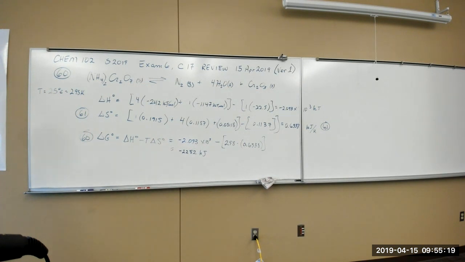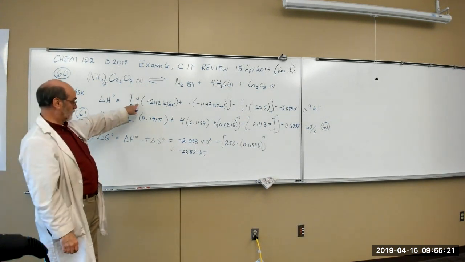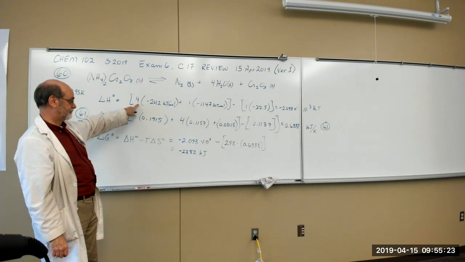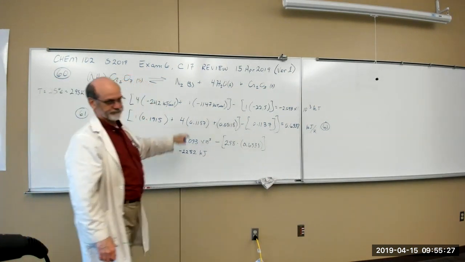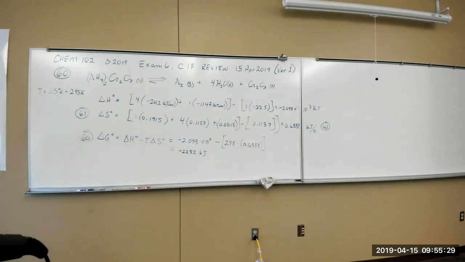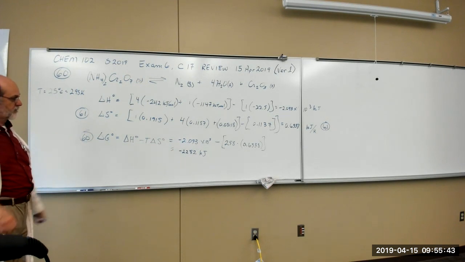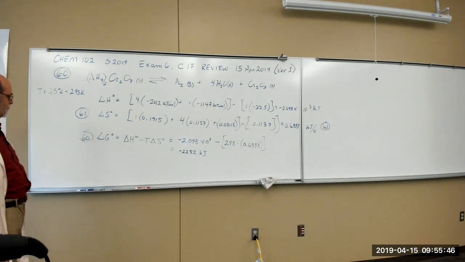But if you don't balance the equation, you'll never know to put that one there, and never know to put this one here. So we've got to balance the equation. So 0.63. Okay, I did get that.